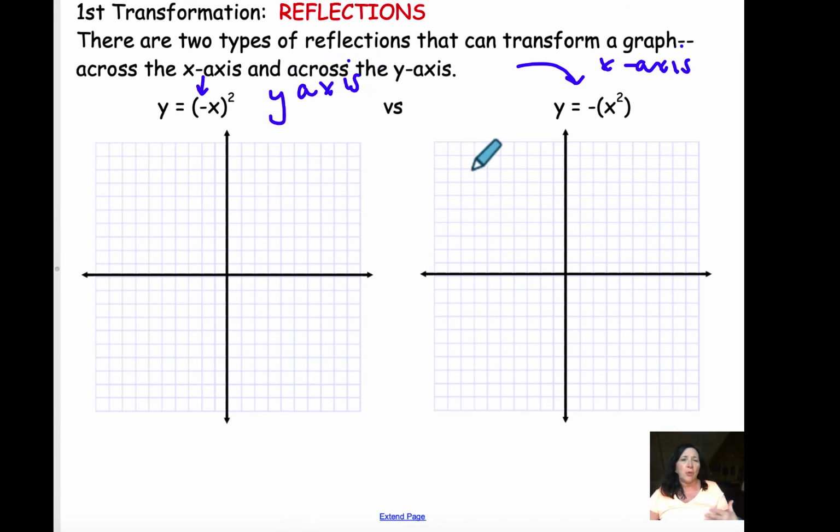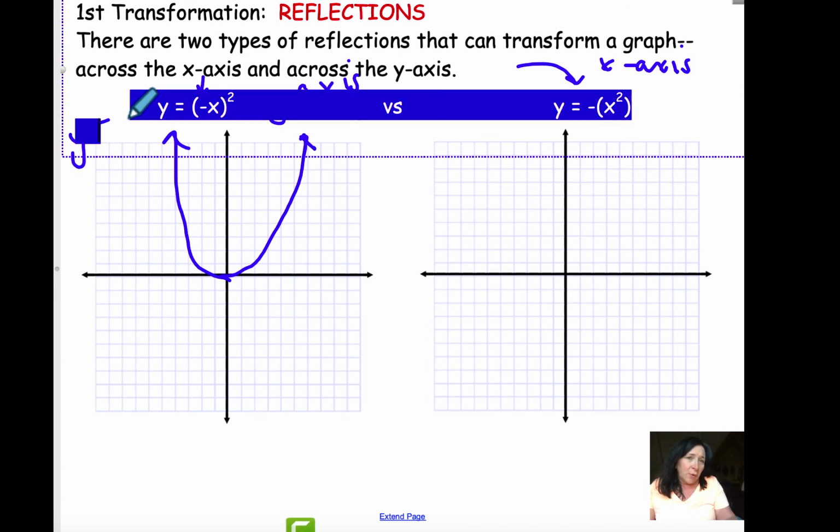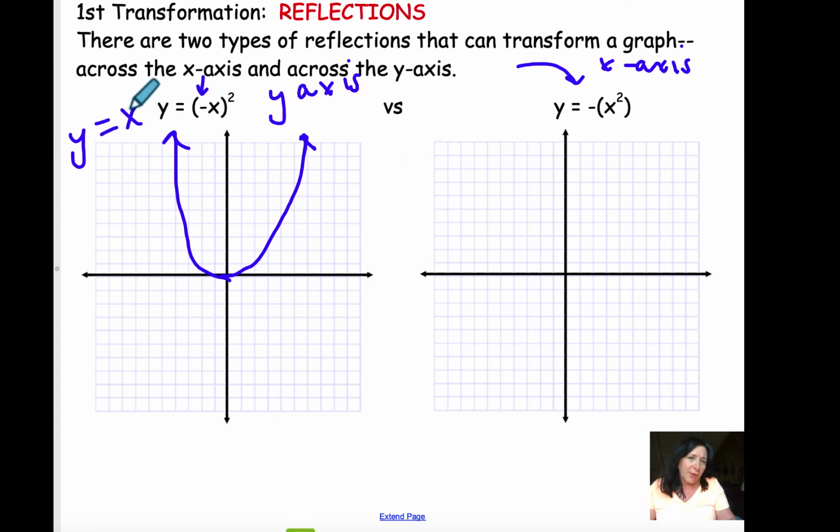If you were to graph those on your graphing calculator, and I do suggest that you do that, it just helps you get more familiar with your graphing calculator, you would see that this one right here would look like whatever my parabola looks like at x squared, exactly the same thing as if it started with y equals x squared. Whereas this one, graphing across the x-axis, will look something like that.